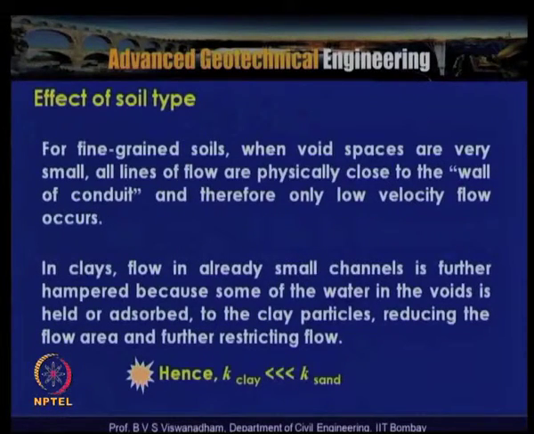For example, in fine grained soils, when void spaces are very small, all lines of flow are physically close to the wall of the conduit, and therefore only low velocity occurs. In clays, the flow already occurs in small channels and is further hampered because some of the water in the voids is held or adsorbed to the clay particles, reducing the flow area further and restricting the flow.